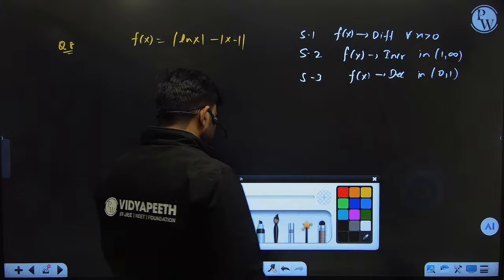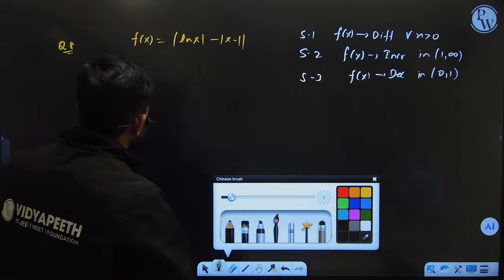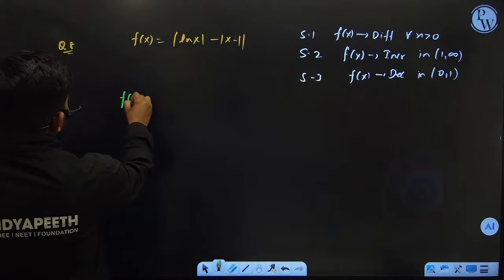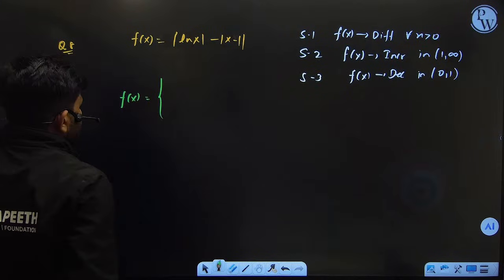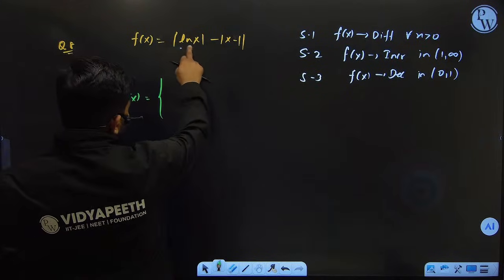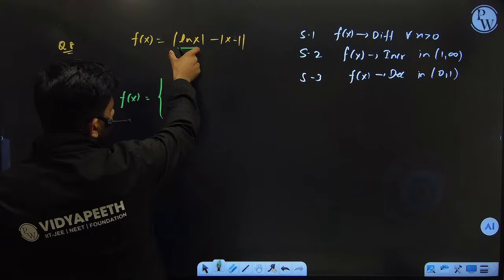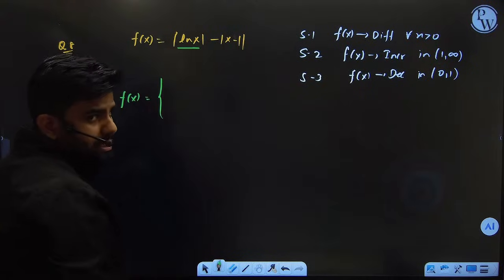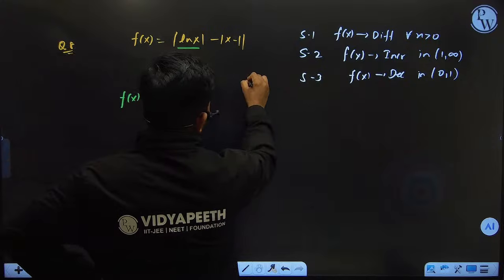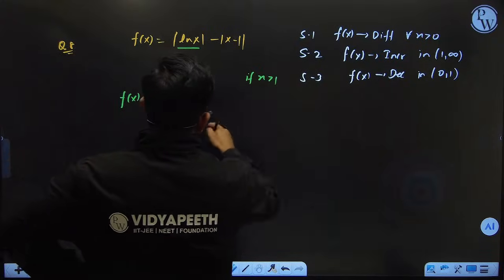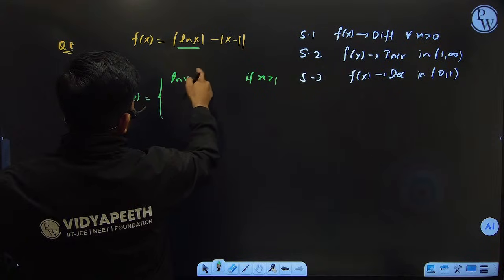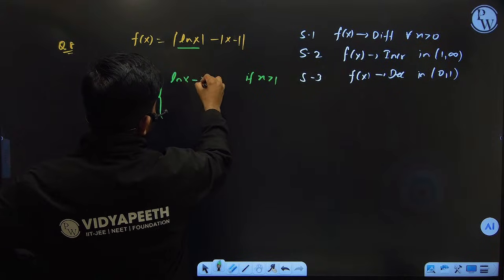First I will split this function according to the intervals. We know that if x is greater than 1, then log will open with plus sign, and this mod will also open with plus sign.